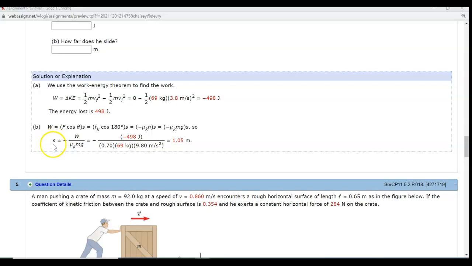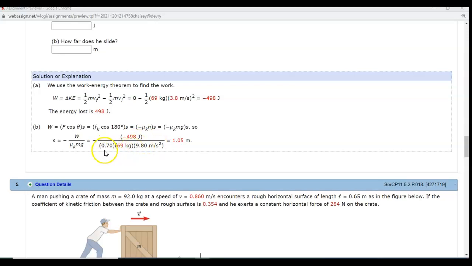And to solve for the distance, we transpose the equation and we end up with negative W divided by the coefficient of kinetic friction times mass times the gravity. Okay, we just calculated the 490 joules.